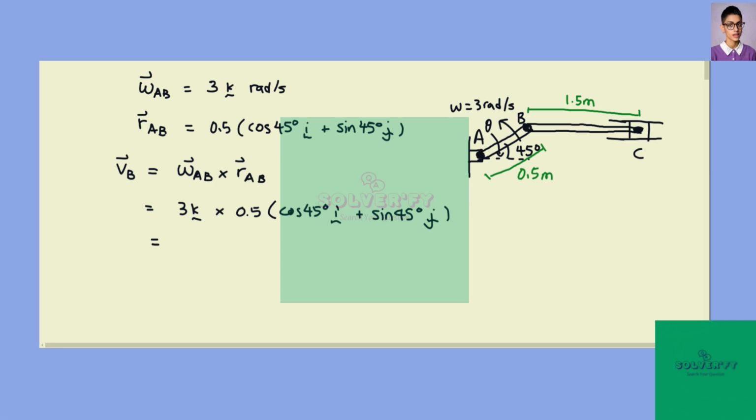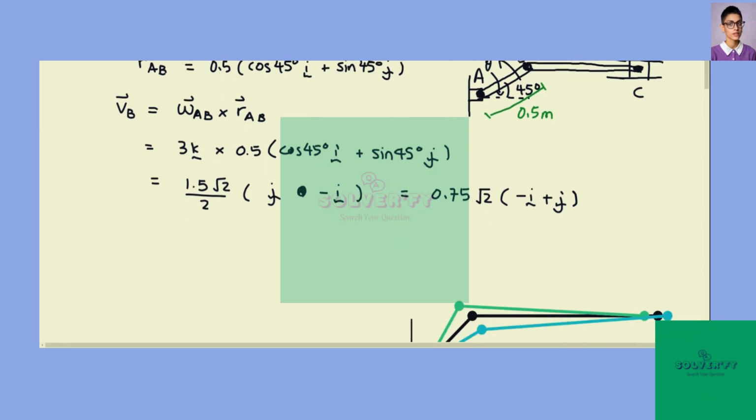This is 1.5 root 2 over 2 times k cross i, which gives j, and k cross j, which gives minus i. So this is 0.75 square root 2 times (minus i plus j).